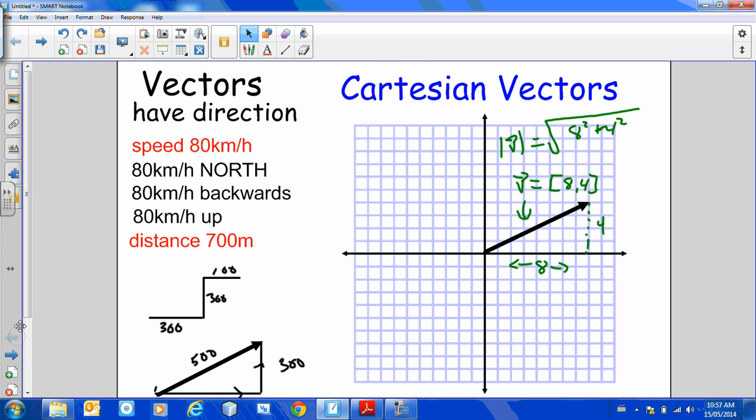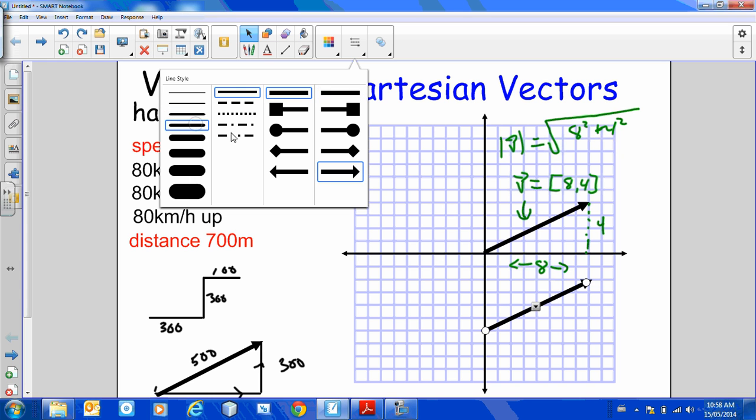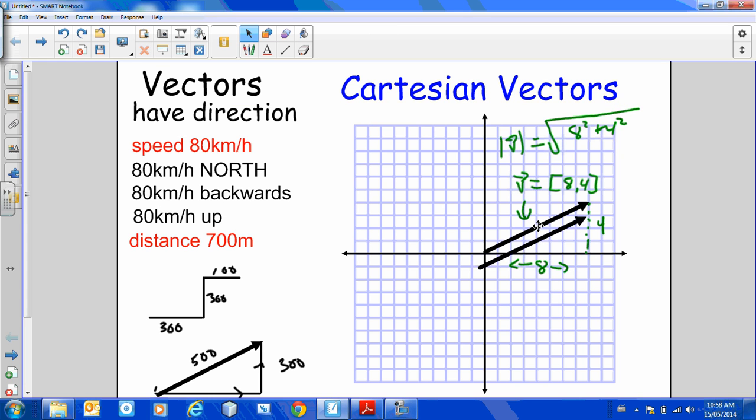So looking at the Cartesian plane, it should be pretty easy to see that this vector and this vector are the same size, same direction. So establishing whichever points for it means we'll have the same thing.